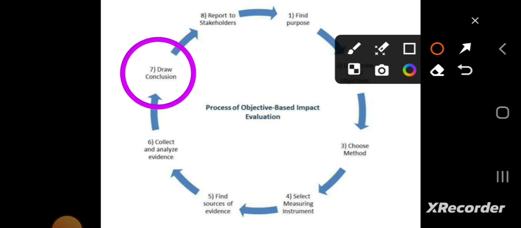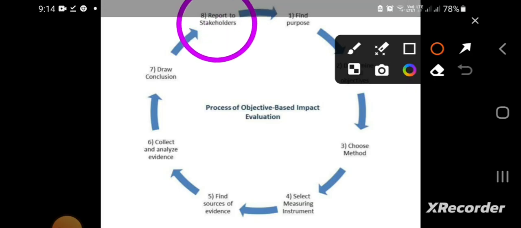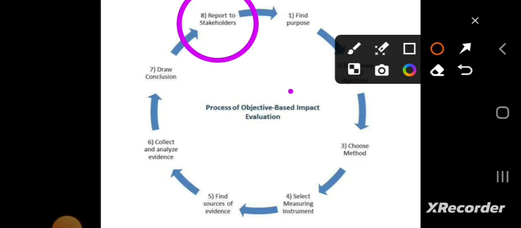Draw conclusion. Based on the analysis, draw conclusions about the effectiveness of the program. Assess whether the objectives were achieved and what factors contributed to the outcomes. Report to stakeholders.